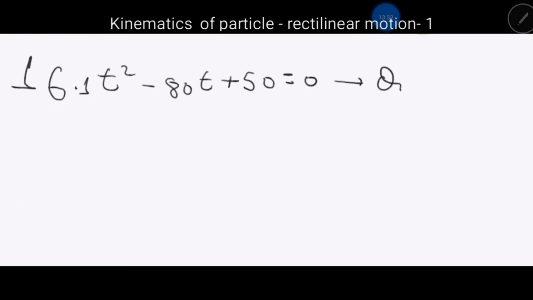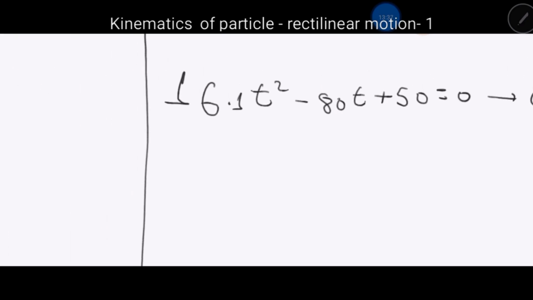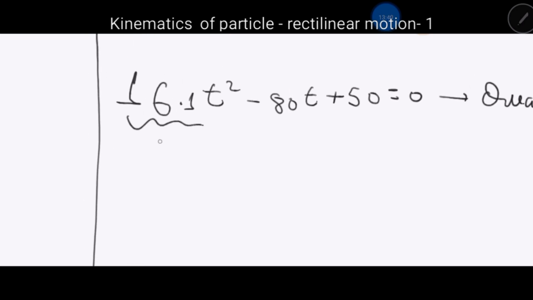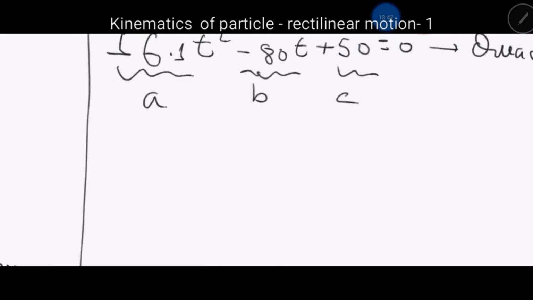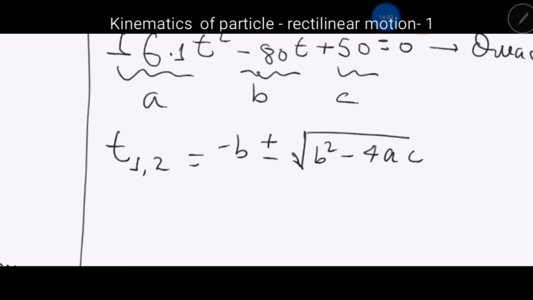I think most of you will be familiar with this one, so we can represent this one as a, this one as b, and this constant as c. So t1,2, that means the roots, will be calculated in this way: minus b plus or minus the radical of b squared minus 4ac, divided by 2 times a. By substituting these constant numbers, we can calculate t1 and t2.